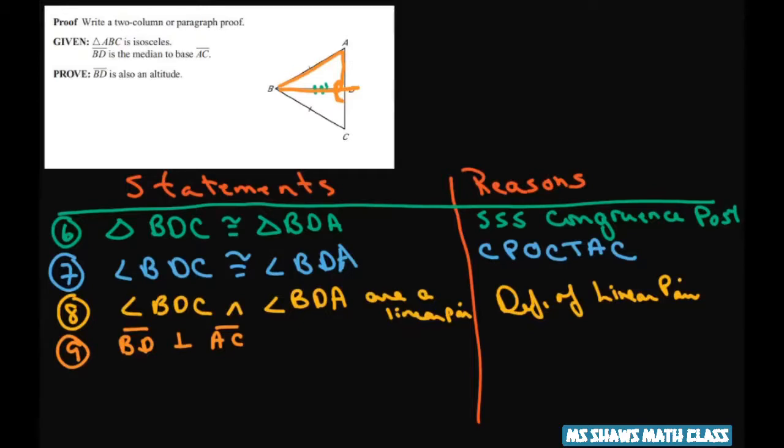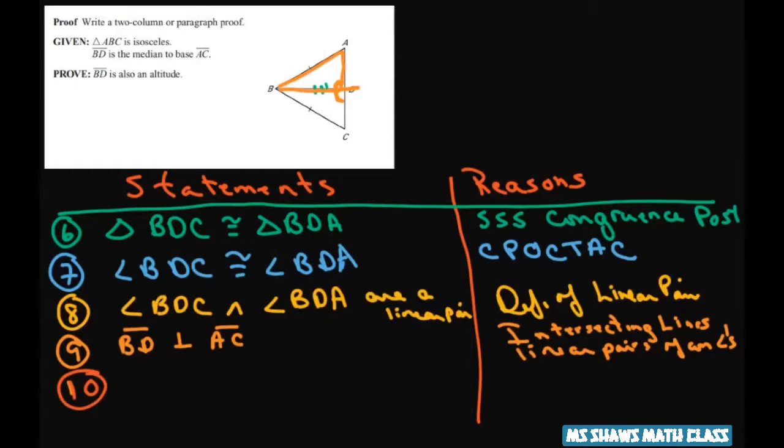So, intersecting lines that are linear pairs of congruent angles. Something like that.